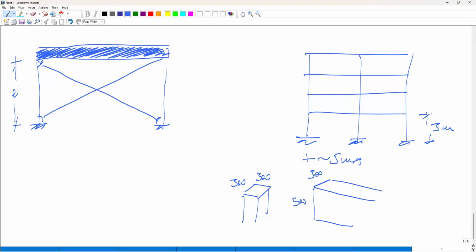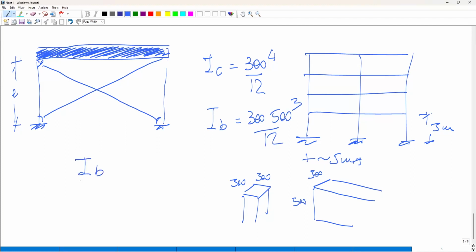column. So what is the stiffness of the column? The J of the column is 300 to the 4 divided by 12. And the J of the beam is 300 by 500 to the cube divided by 12.